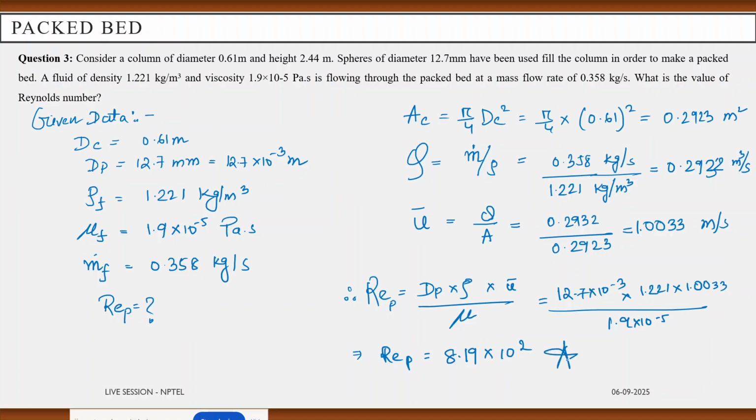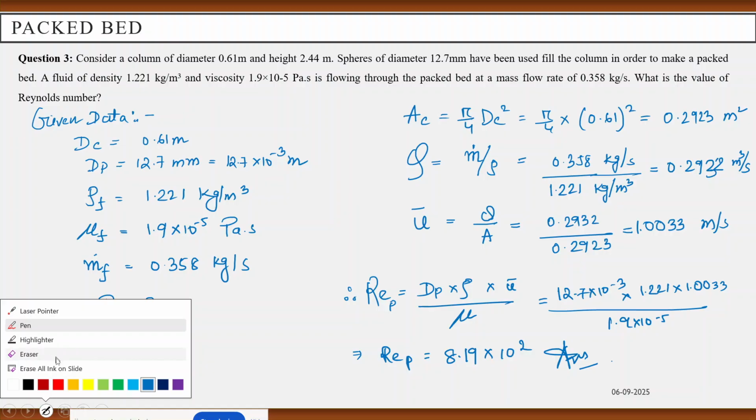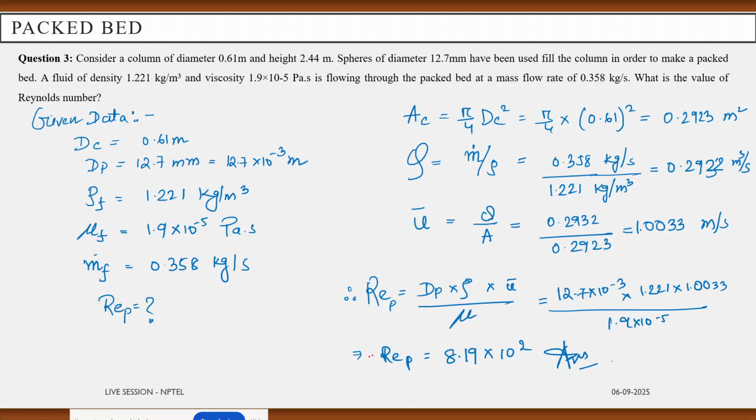So this is how the Reynolds number is calculated. Now let me know, by this Reynolds number, do you think it will be in the laminar, turbulent or transitional zone? Obviously, by this value, we can see that this is the transitional flow regime.